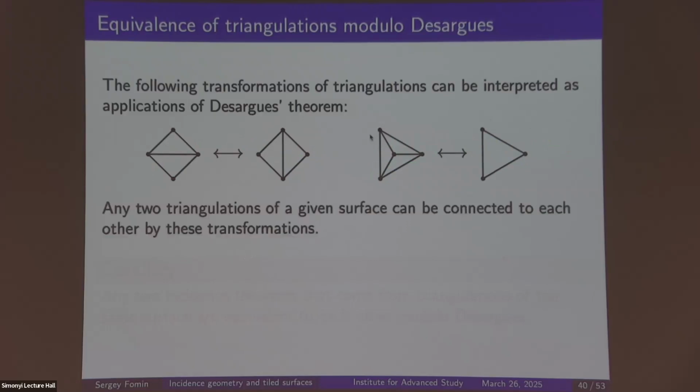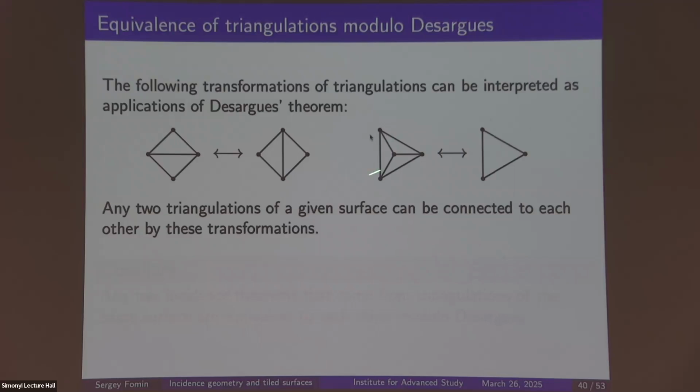And it's a well-known fact that any two triangulations of a given surface are actually equivalent modulo these moves. So modulo Desargues, we just need to know the surface because all the triangulations are connected by these flips.